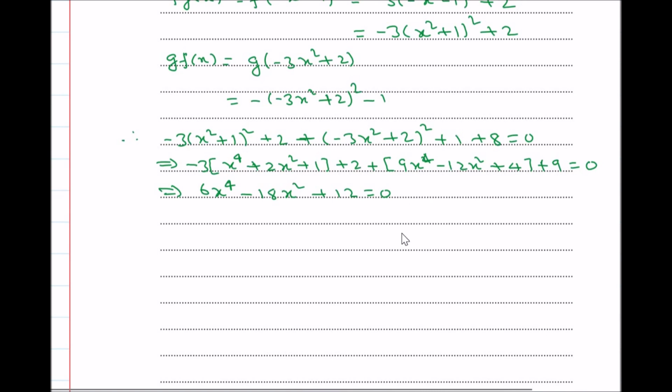By combining like terms, we simplified and we got this. Now see, we got equation in terms of x4. See, all the three terms are divisible by 6. Let us simplify further. So we get x to the power 4 minus 3x square plus 2 equal to 0.